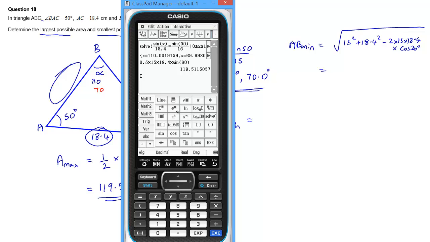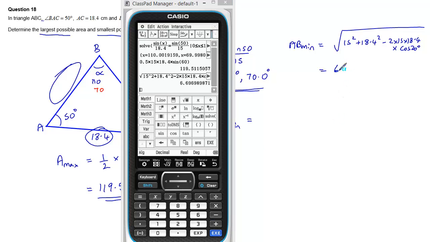So we need that. That gives me 6.69 and so on.